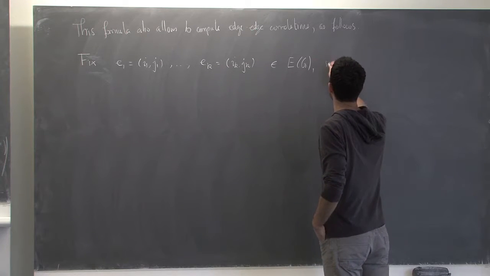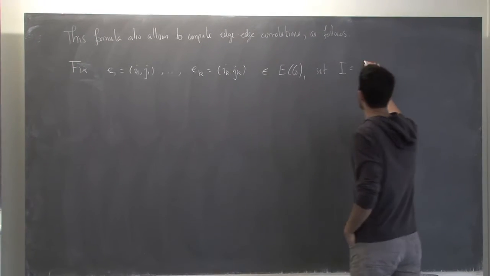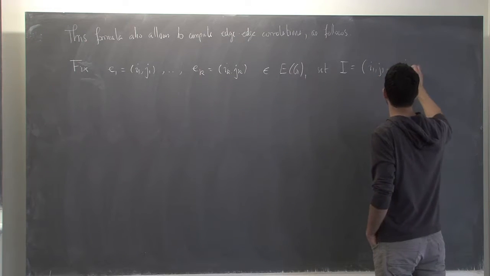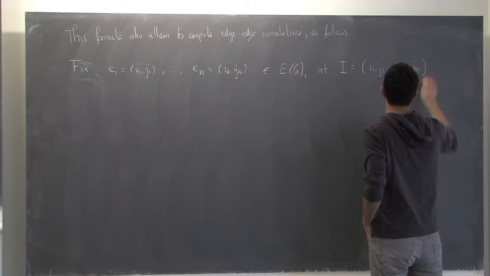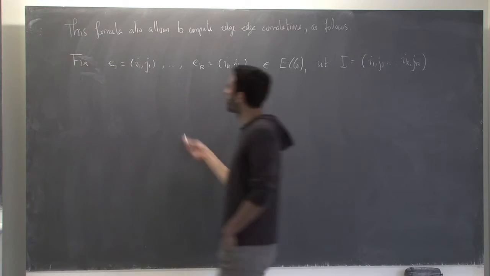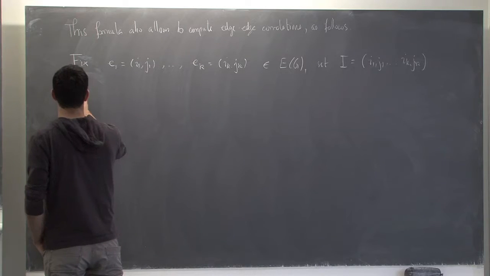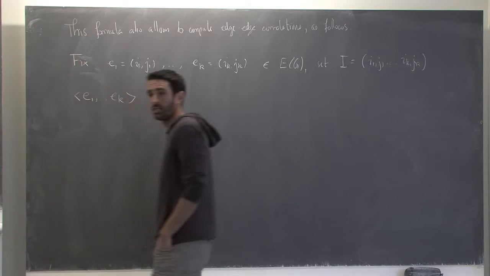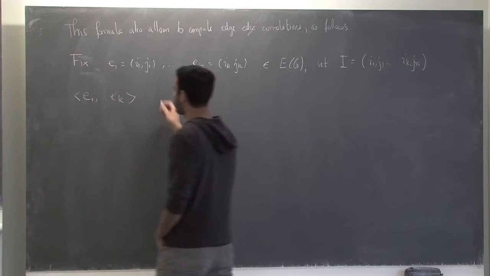Okay, and then we set I to be equal to the ordered set. Remember we had these notations. And then what we try to compute is the probability that this family of edges appears in a perfect matching.